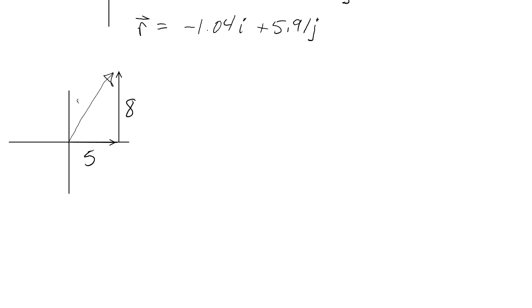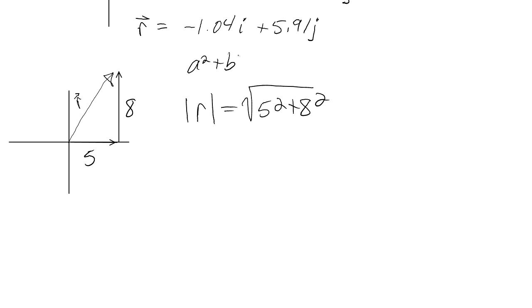Let's call that r. Well, the magnitude of r, that's going to equal the square root of 5 squared plus 8 squared because of the Pythagorean theorem, which says that a squared plus b squared equals c squared.